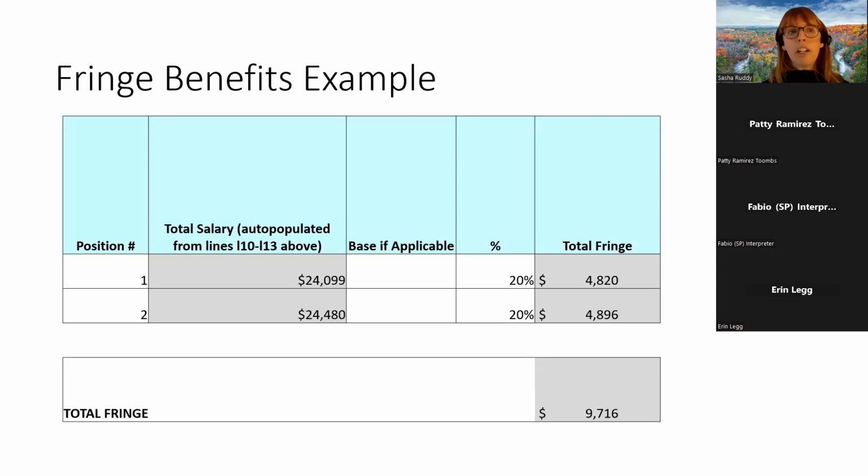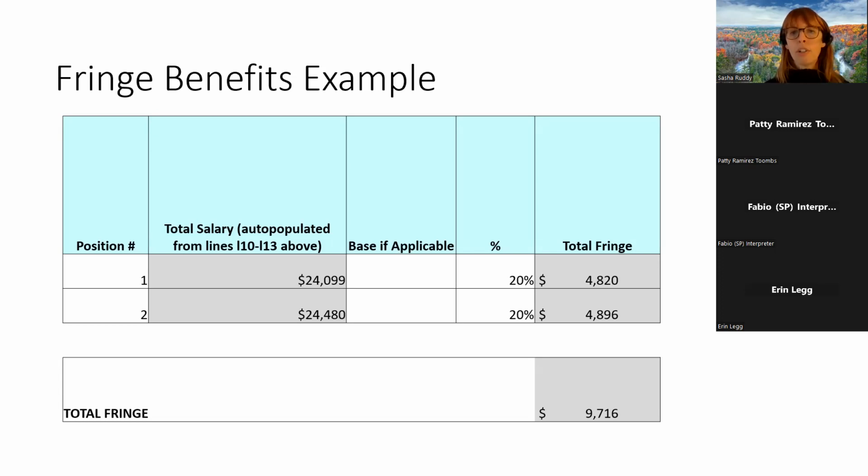And so here on this next screen is the example of how this would play out in the budget template. So we have position 1 and 2 from our previous slide, the interim medical director and the community care director. Those numbers just auto-populated into these spaces. I didn't have to do anything about it.